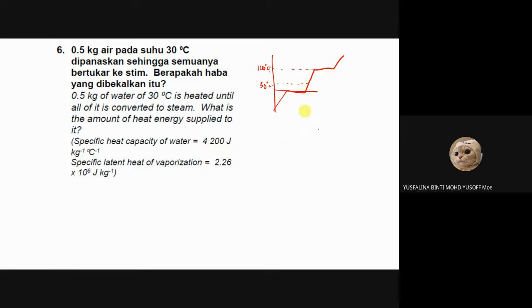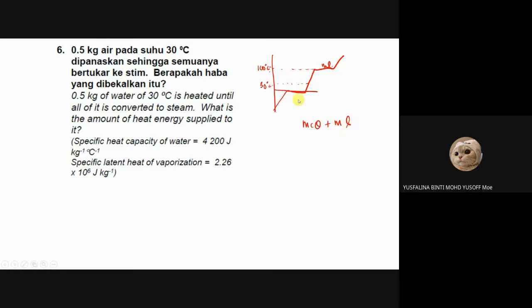After it completely changes to steam, that is ml. So mc theta plus ml, to change from water at 30 degrees Celsius to 100 degrees Celsius and then change to steam. Can you understand how I get mc theta and ml?